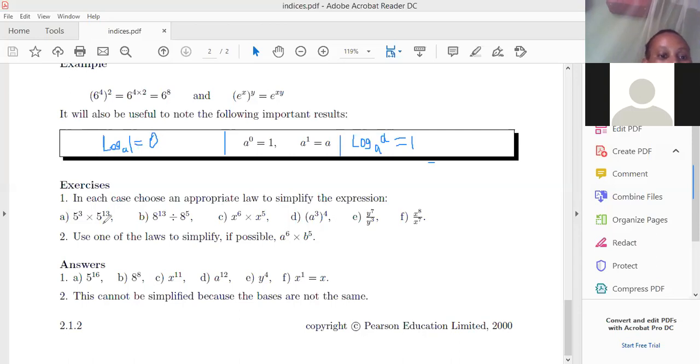Our exercise here is actually incorporating quite a number of laws that we have talked about.